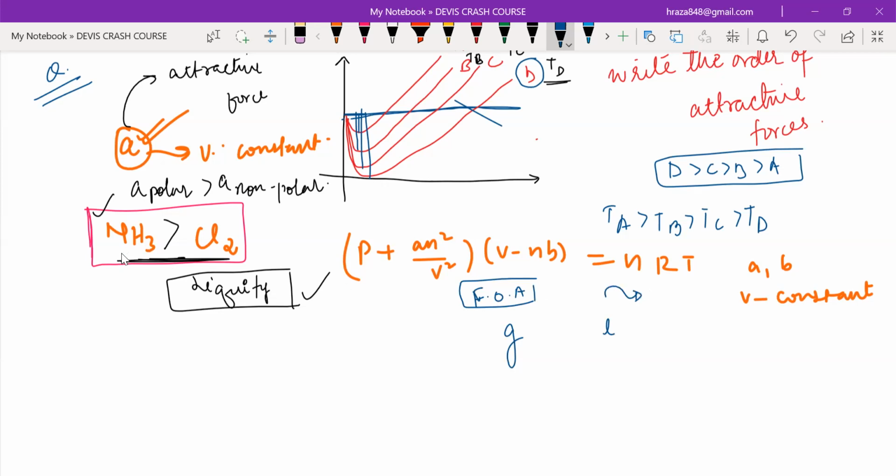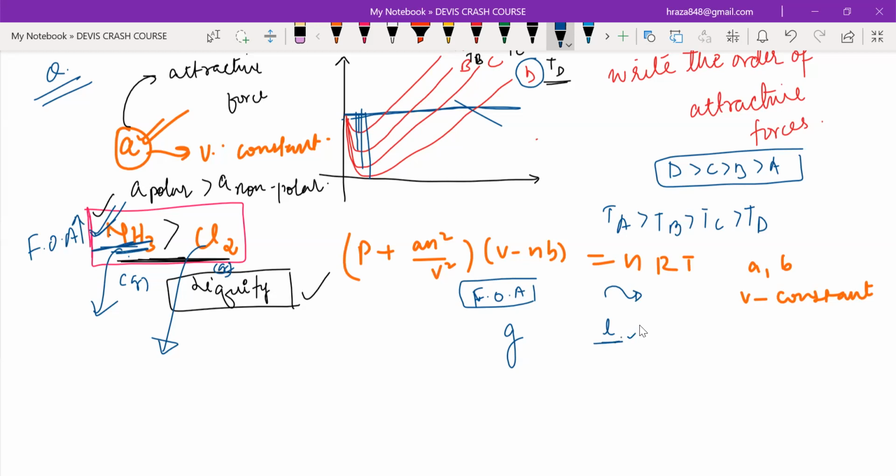If they are in the gaseous state, NH3 will have more force of attraction. So it is easier in NH3 to increase its force of attraction. If the intermolecular forces of attraction between NH3 molecules increase, then it will be easily liquefied. It will be converted into liquid. Are you getting my point?